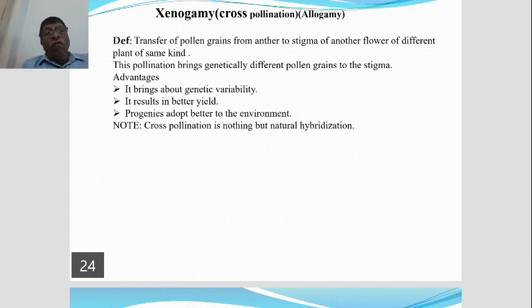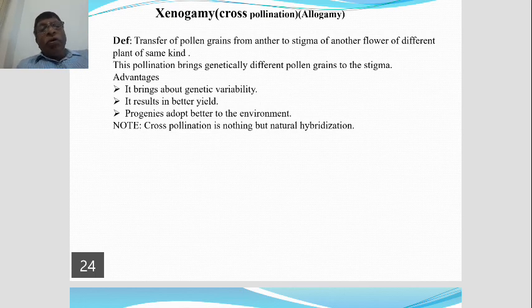Nature always prefers cross-pollination and always tries to suppress self-pollination.